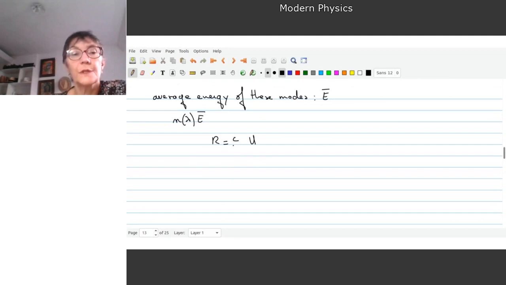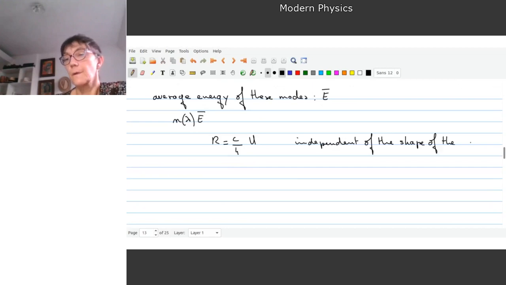This proportionality is c over 4, U, and it is independent of the shape of the volume of the cavity. It is not very difficult to find this constant.